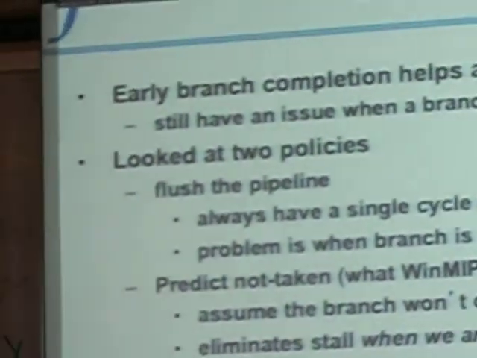So the code looks like it says BNE and then some other instruction. With a branch delay slot, that instruction that follows the BNE always executes. It's as though it were in the body of the loop.